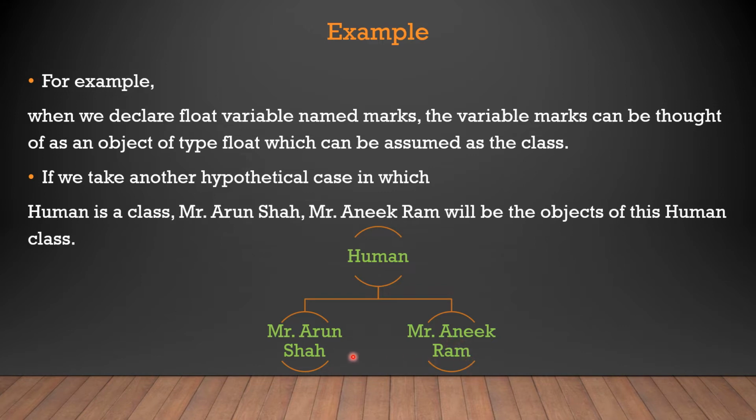These two persons will be objects of this human class, and any other person in this world will be an object of the human class. So I hope this concept of class and object is clear to you.